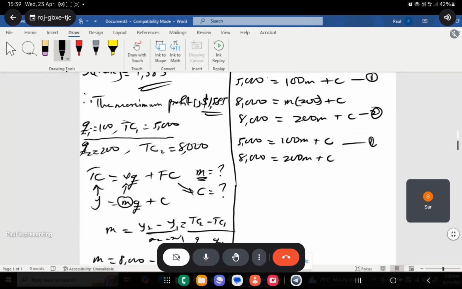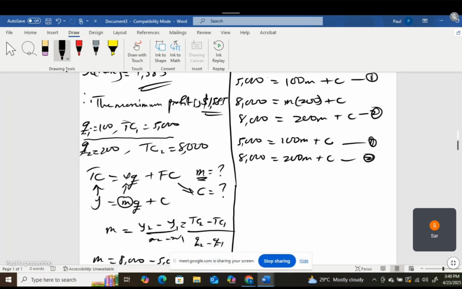We can use a lot of approaches to solve it. We can use first elimination, second substitution, third matrix. Under the matrix, we have the inverse approach and the Cramer's rule approach. So under matrix, we have two methods.